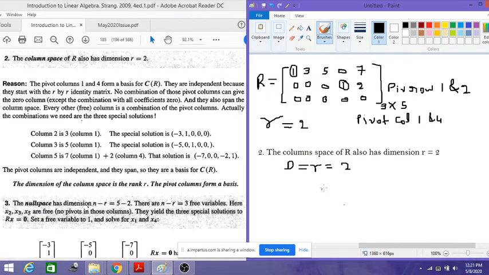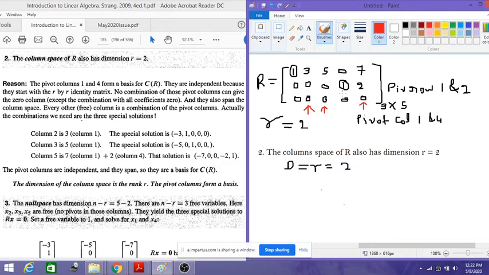Here we get the special solutions. There are 3 free variables, so this is a free column, this is a free column, and this is a free column, and we know how to get the special solution.